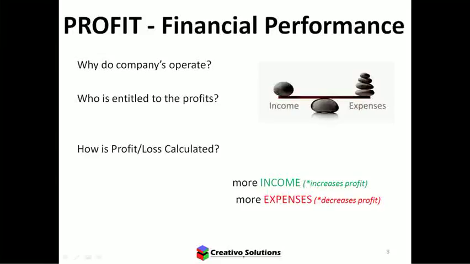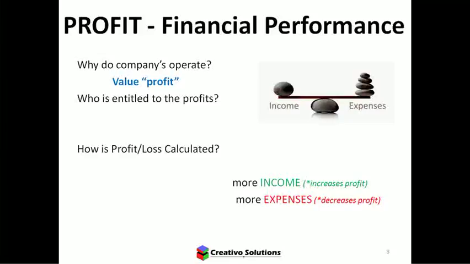Well, if we're thinking about why do they operate, the first thing that should come to mind is value. We're going to be creating a business around generating value for our customer. So companies or sole proprietors or partners are going to be focusing on generating value. Value would ultimately translate into profit.